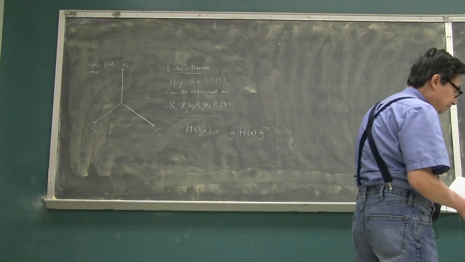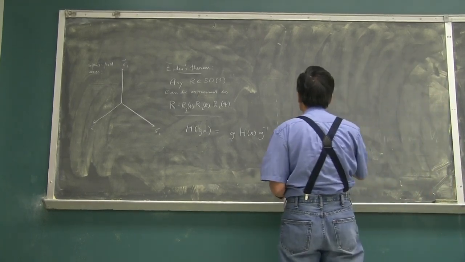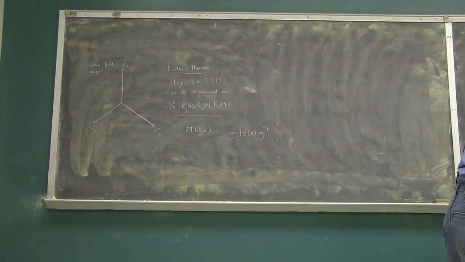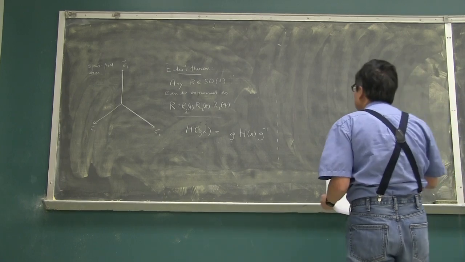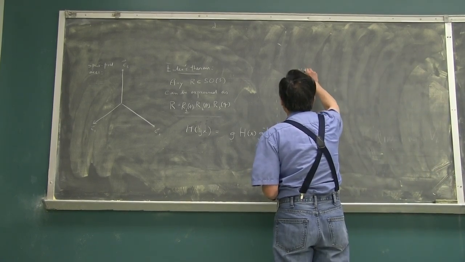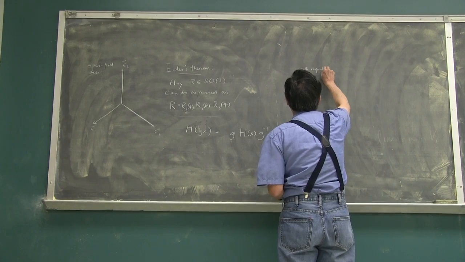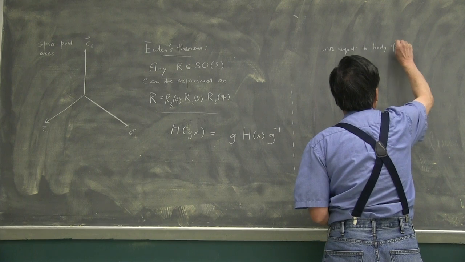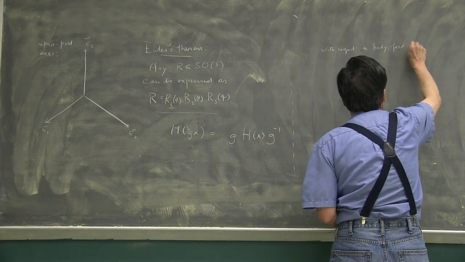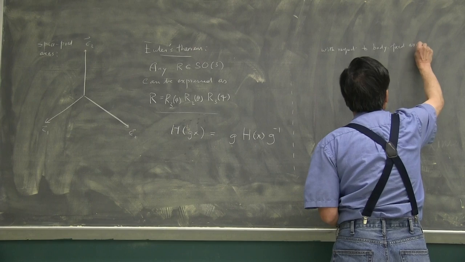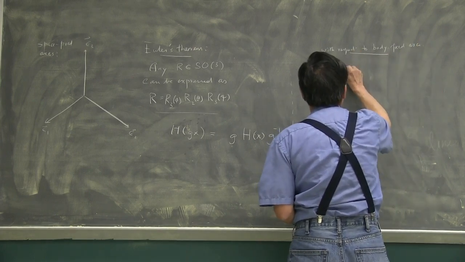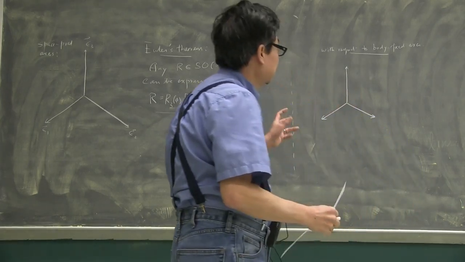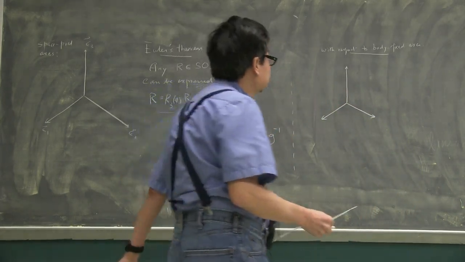Let me write it down first. Let me actually draw it; I think I did this last time, but let me do it again. So Euler's theorem with respect to body fixed axes. You start off with some axes. Let's say this frame is nailed to the rigid body, so it's body fixed.